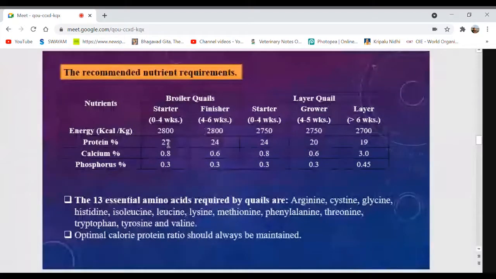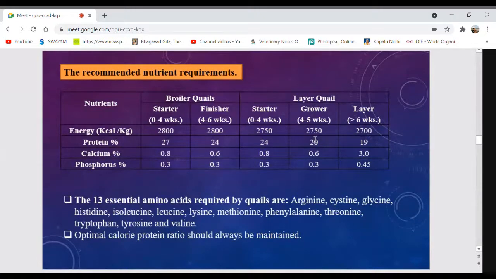And in case of layer quails, it is the same during the starting and growing phase. Energy requirement 2750, but during the laying phase, it will be 2700. Whereas protein requirement is high. In case of commercial layer, protein requirement is how much? 17 to 18%, 18% as per BIS. But here it is 19%, and during the growing stage, in case of commercial layer, it is 15%, but it's 20 here.